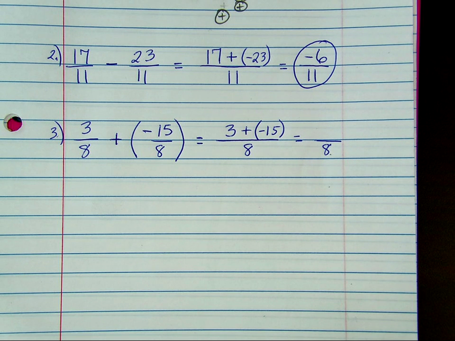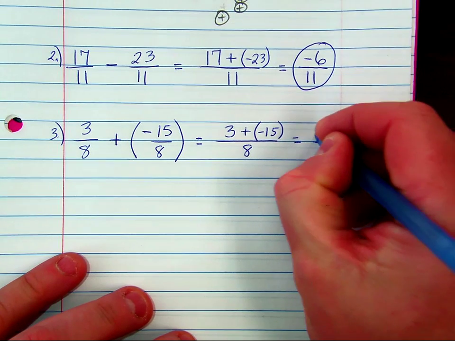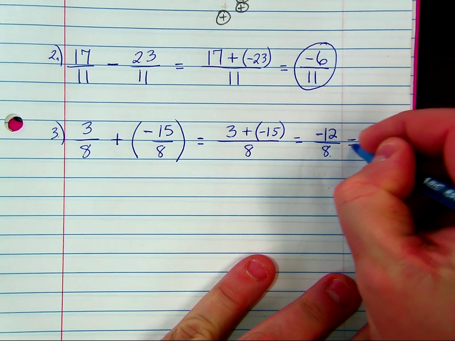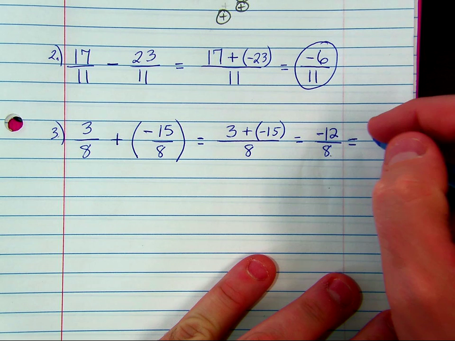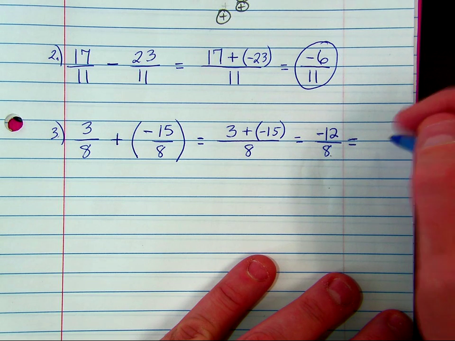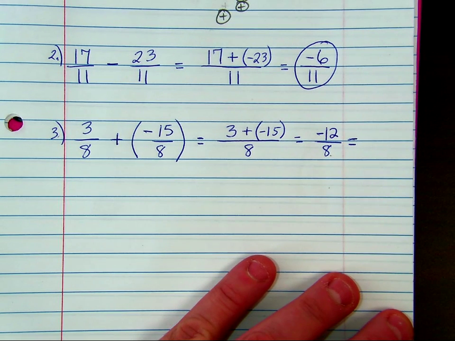Brooke? Negative 12. And if we were to simplify this, Sabrina, what would we get? I just want you to simplify it. I don't want you to turn it into a mixed number yet. Just simplify it for us.